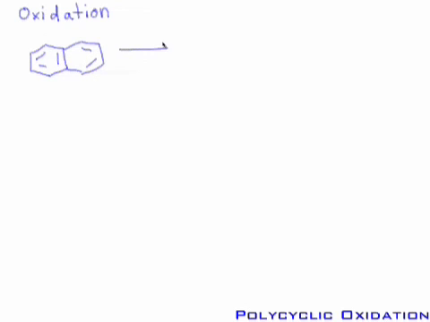Let's start with oxidation reactions. Oxidation. It turns out that unlike benzene, which is very hard to oxidize, naphthalene is more easily oxidized. We can react naphthalene with divanadium pentoxide, air, and heat. Hit it with heat, and we can oxidize this molecule to phthalic acid.